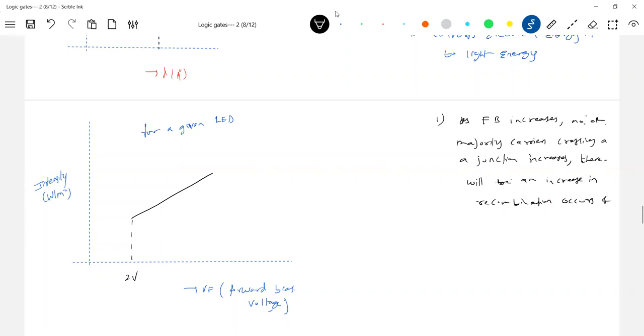And hence the number of photons emitted increases.